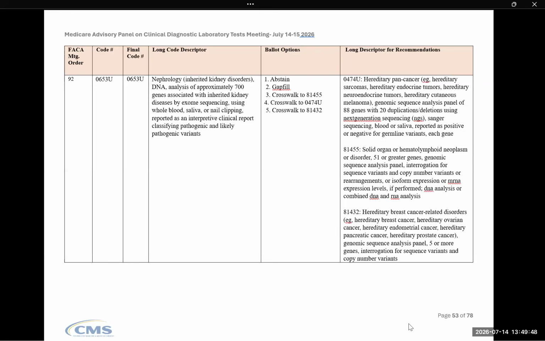There was no recommendation from the sponsor or from any of the professional societies in terms of crosswalk for this code. The panel reviewed the available options or multiple options and recommends a crosswalk to 81432 for this code.